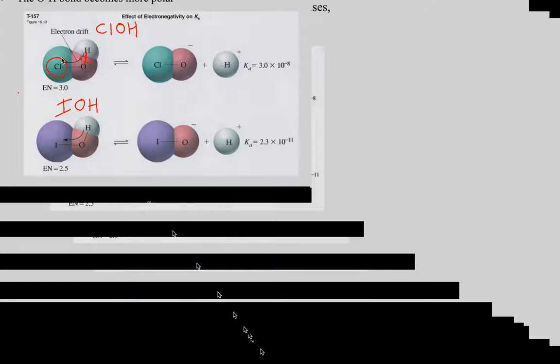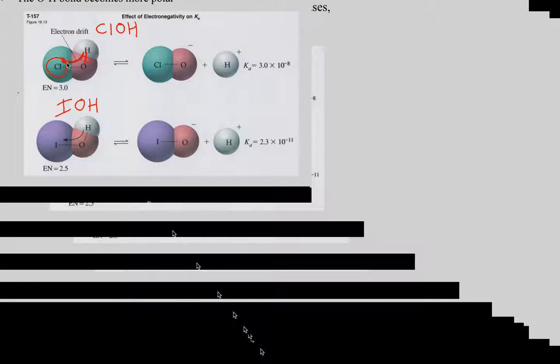And what happens is this chlorine's nucleus reaches around the oxygen nuclei, grabs a hold of this region of increased electron density, and causes it to drift or shift even more than just the oxygen causes it to shift. And because that region of increased electron density shifts even more, it makes this bond even more polar and more likely to break.